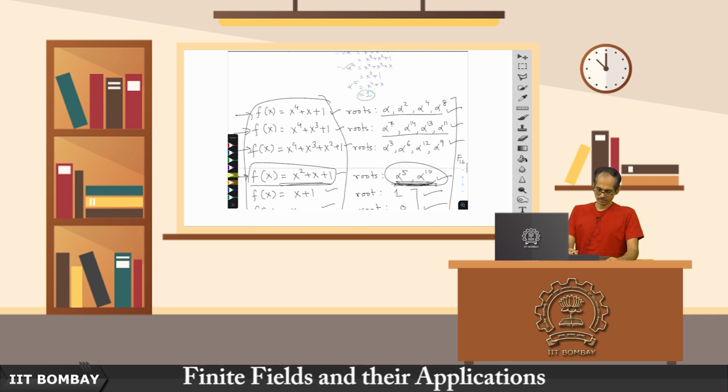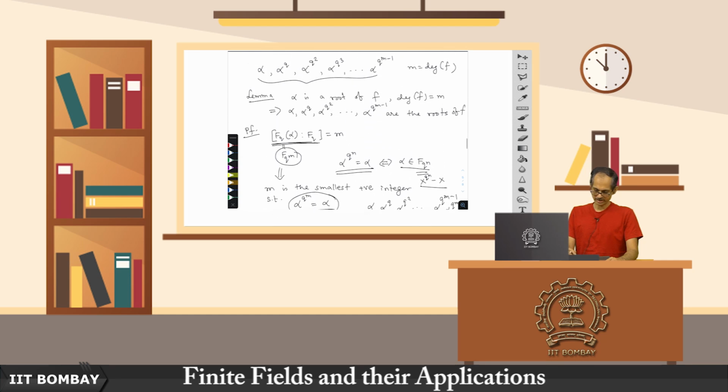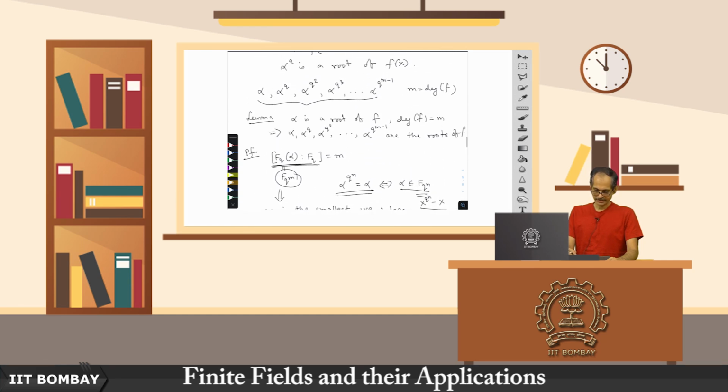So, to summarize, what we have seen is that if we have an irreducible polynomial over a finite field Fq, then its roots can be obtained from one root. If we have alpha as a root, then by successive powering of the root by q, we get all the roots, and the number of roots that we get is exactly m, the degree of the polynomial.